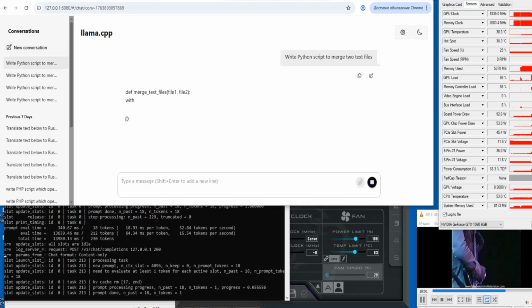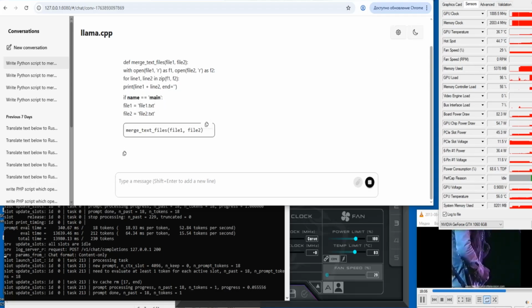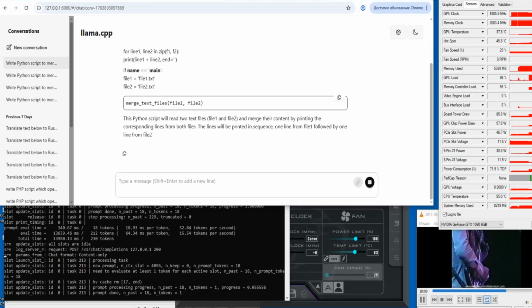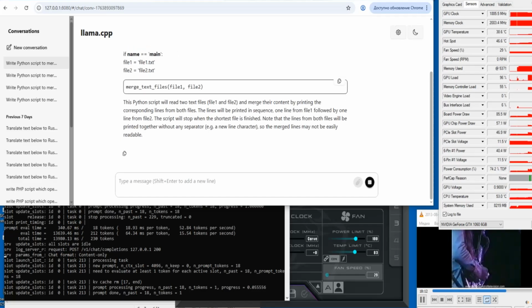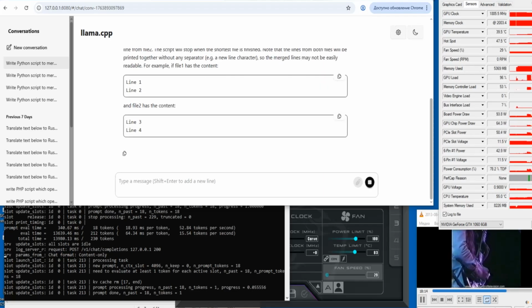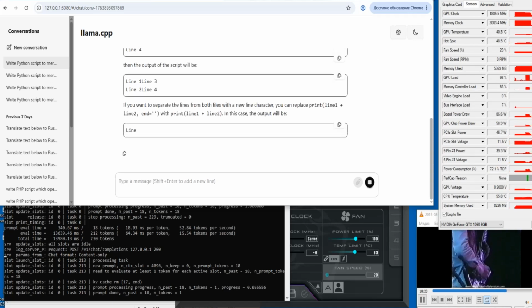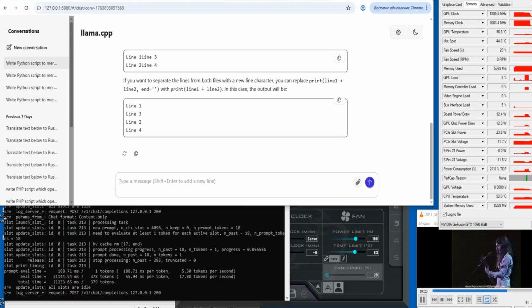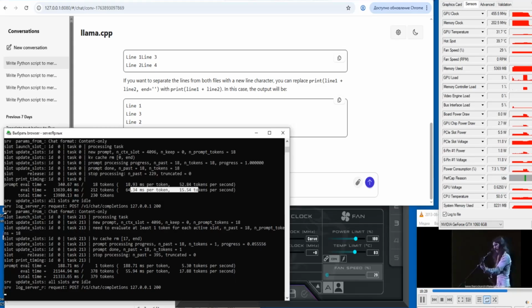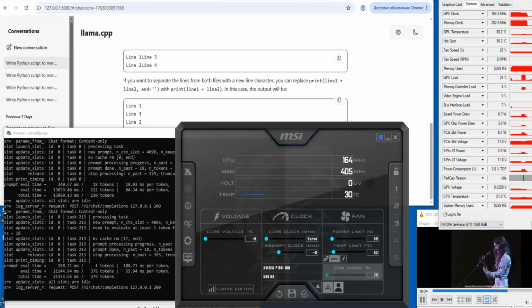Again we ask to write a Python script to combine two text files, and we look at the speed of token generation. Video memory use is about 5 gigabytes. The temperature of the video chip is about 40 degrees. The speed of generation is 18 tokens per second. It has grown a little, by some tenths of a percent. That is, despite the power limit being cut by half, the speed changes not so noticeably.